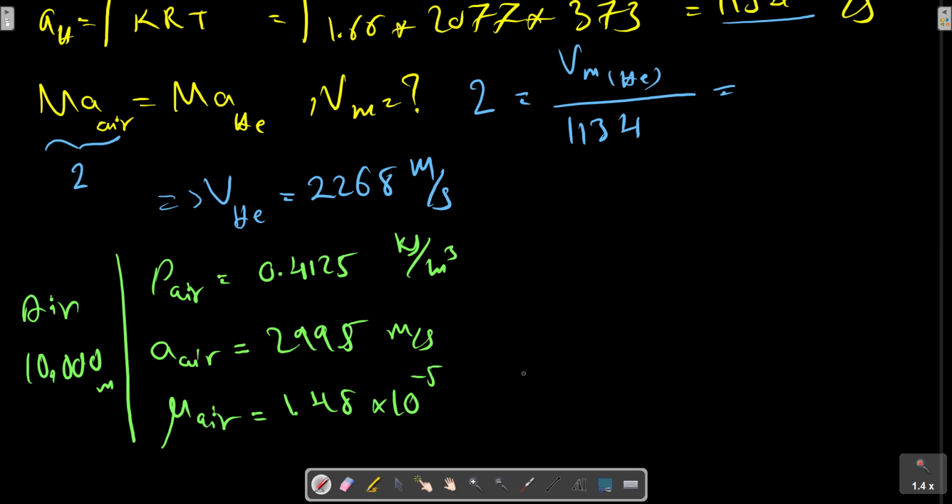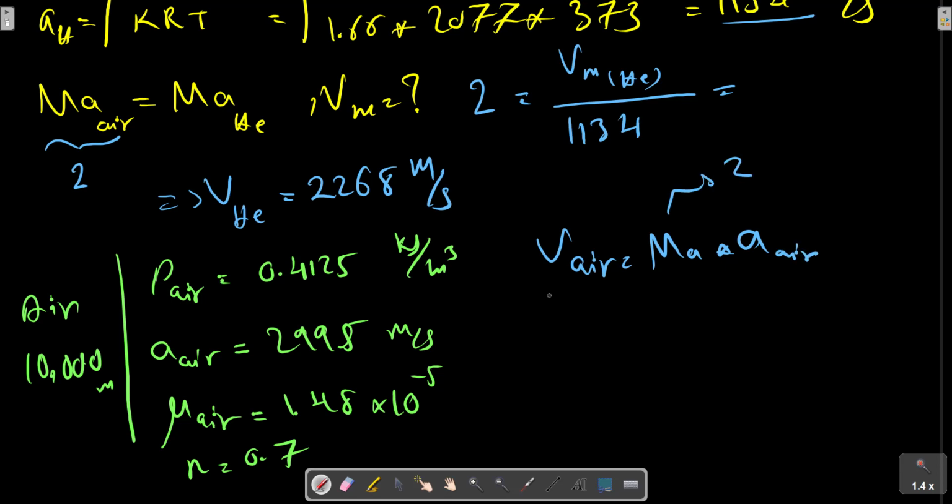From the power law, we have n isentropic for the air at the 10 km altitude. The air velocity can be obtained as V air equals Mach multiplied by A air. We have Mach 2, so we can calculate V air in meters per second.